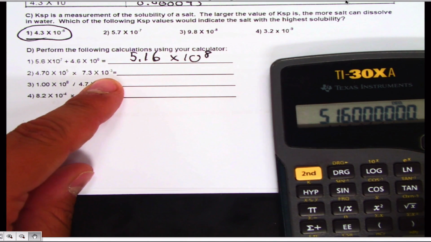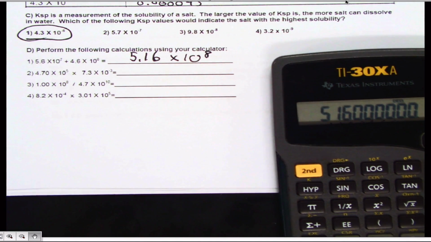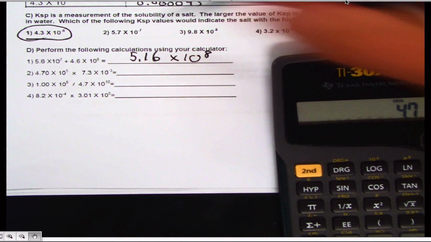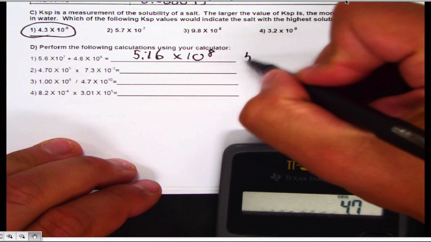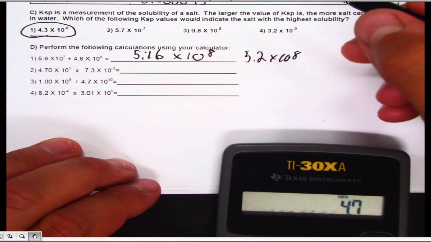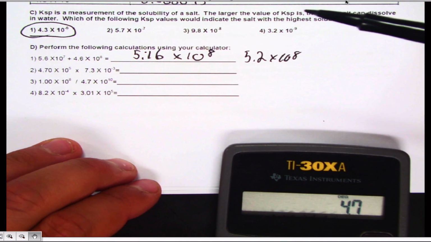Multiplying, you really should be adding the exponents, and when you're dividing, you should be subtracting. All right, so let's quick do those. 4.7. Oh, by the way, this should be 5.2 times 10 to the 8th, because these are all to two significant figures.